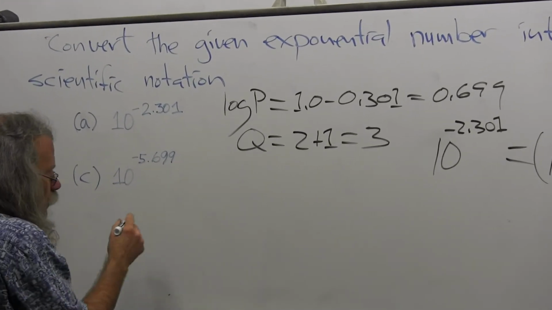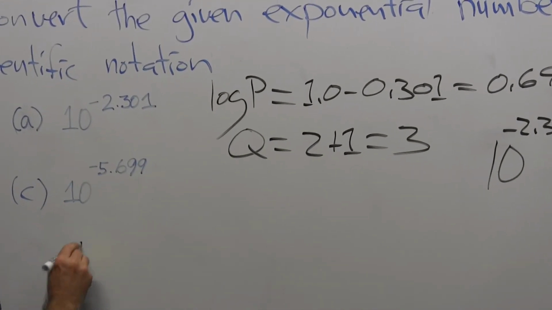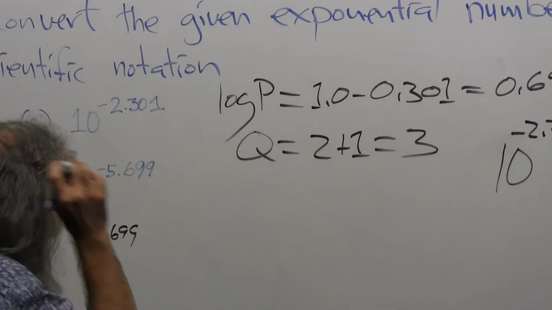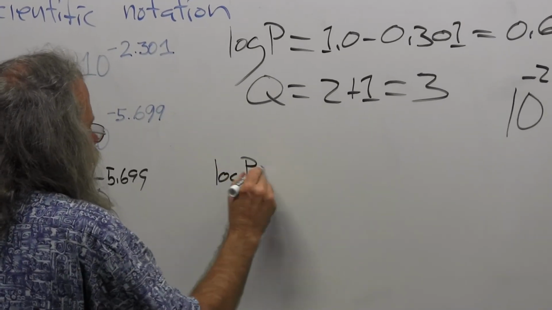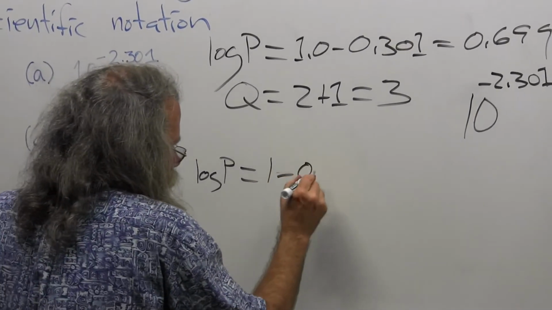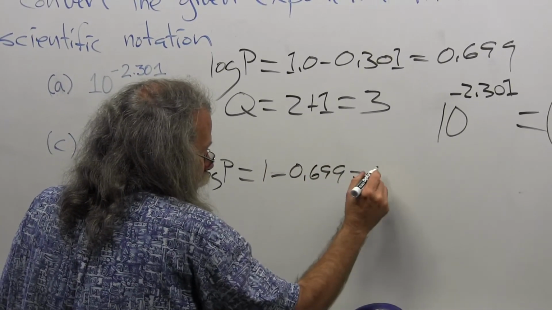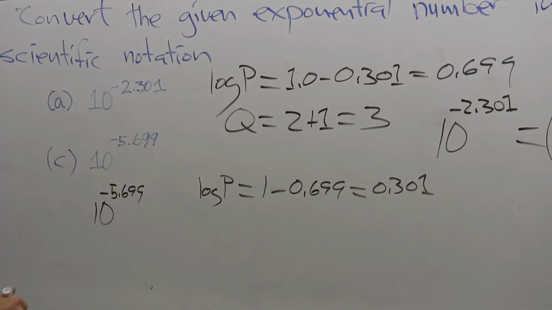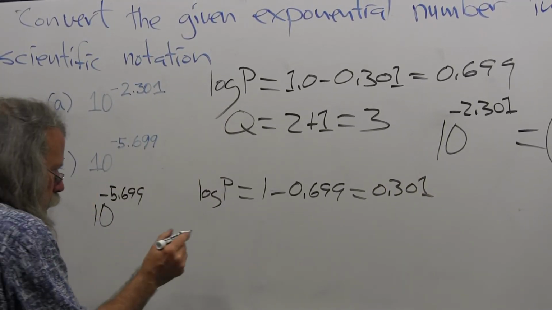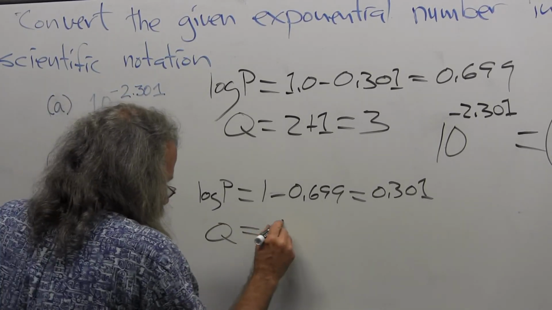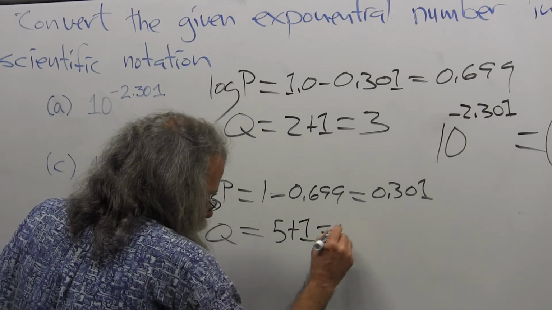So this one, 10 to the minus 5.699 is such that log p is equal to 1 minus 0.699, which just turns out to be 0.301. That's what I mean when I said I cheated and made it easy. And Q is equal to 5 plus 1 equals 6.